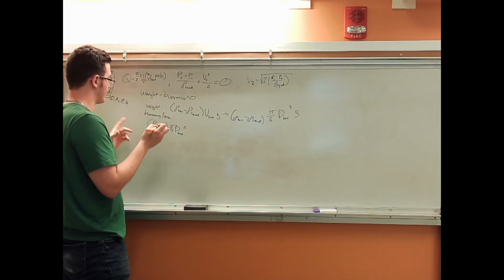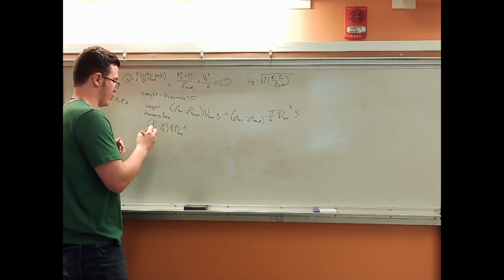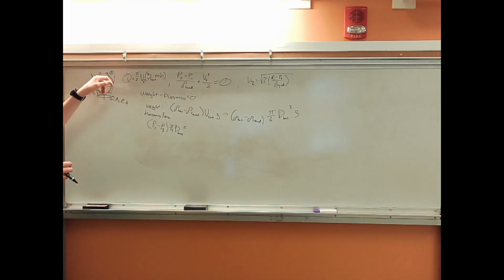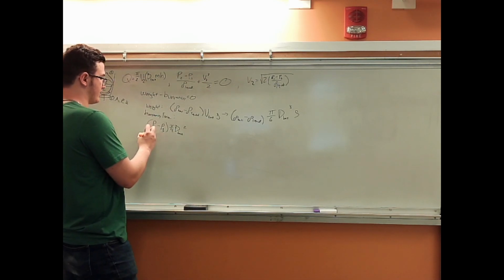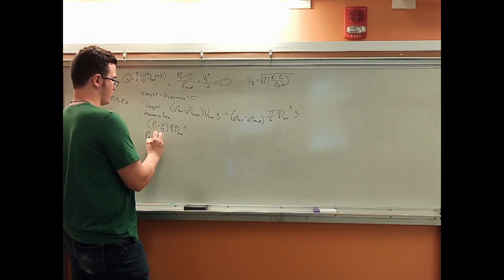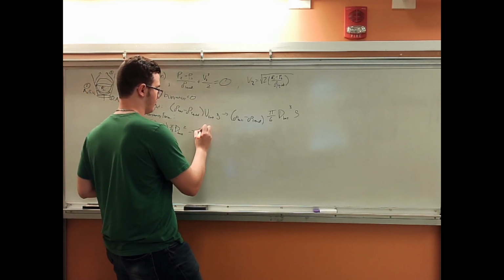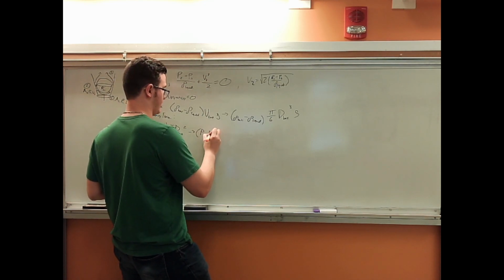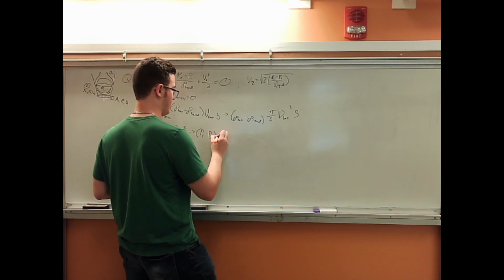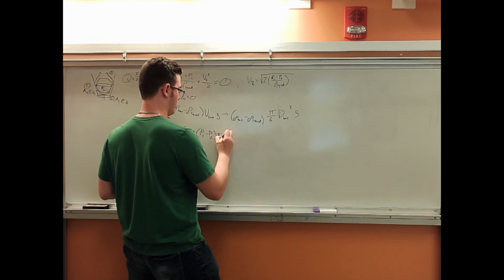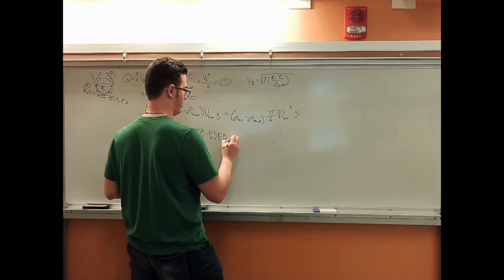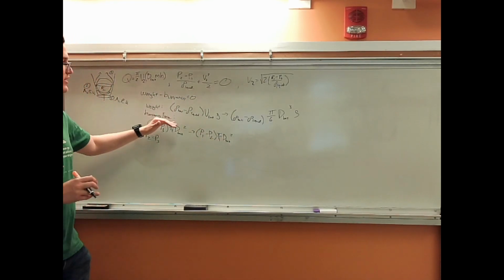Well, oddly enough, because all of the liquid in state 3 comes through state 2, the pressure at state 2 is equal to the pressure at state 3. That means that P1 minus P2 multiplied by pi over 4 times the diameter of the ball squared is the buoyancy force.